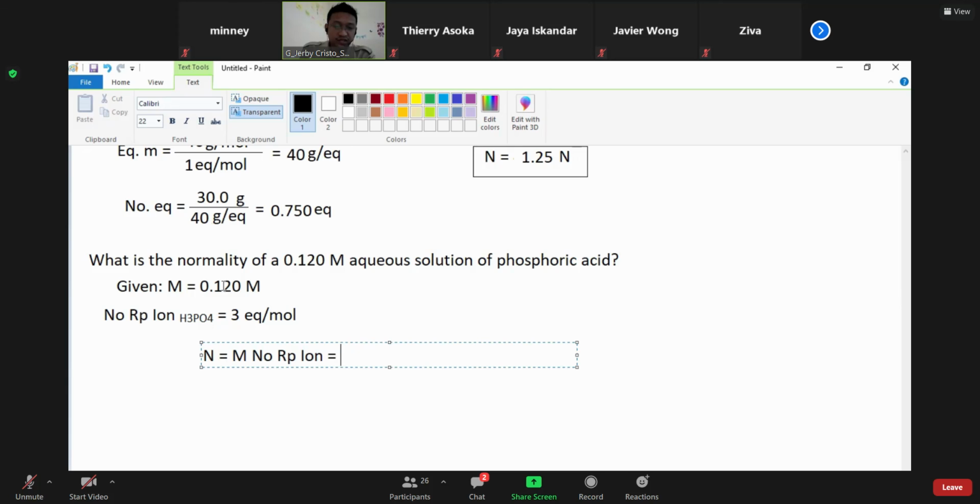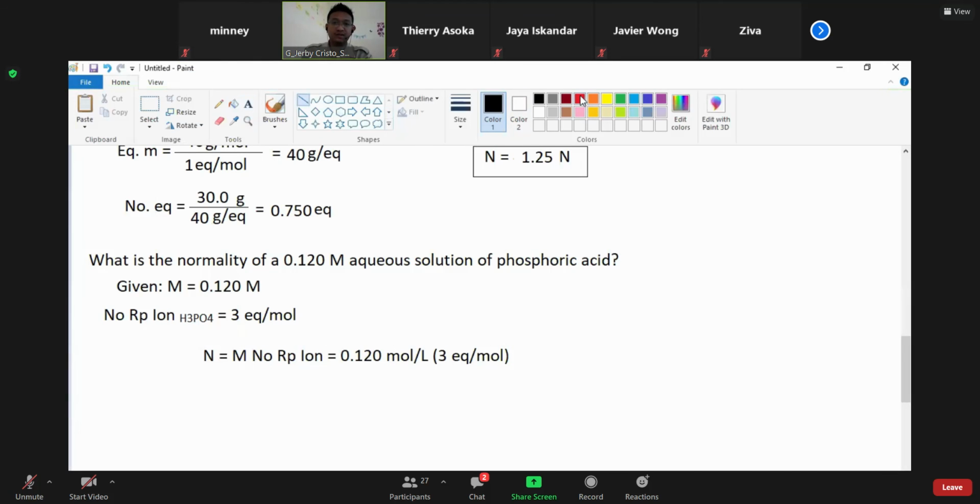Molarity is 0.120 molar, which is also equivalent to mole per liter, multiplied by 3 equivalents per mole. So here we can cancel mole.